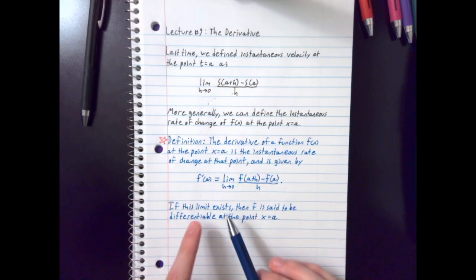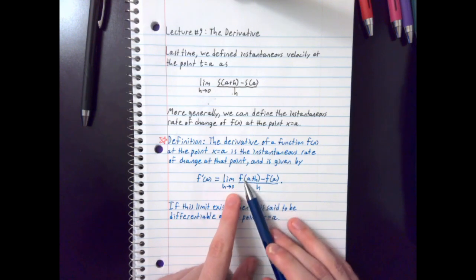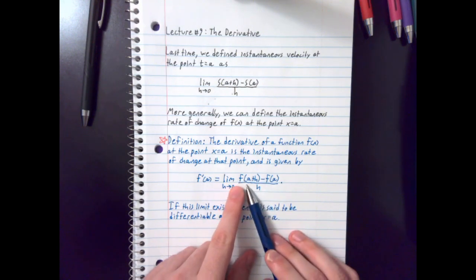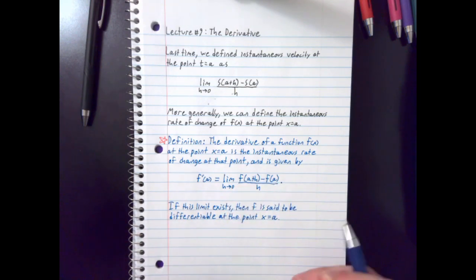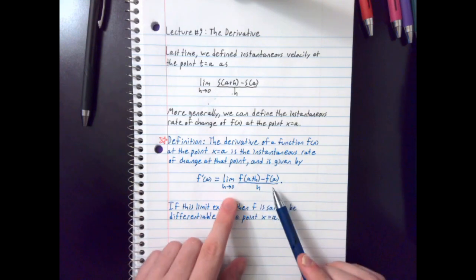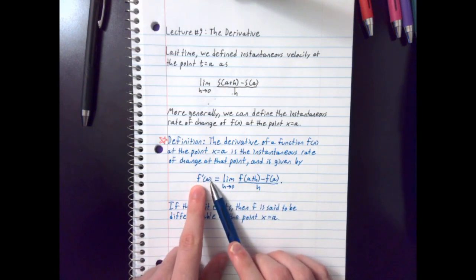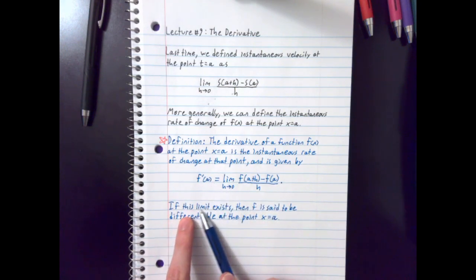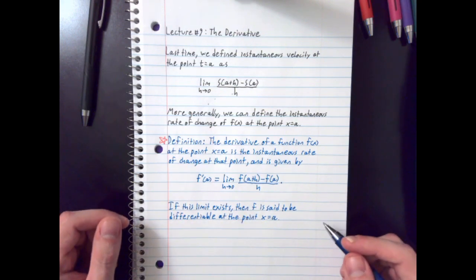So if I go to compute this limit of some generic function that I'm putting in here, if I compute this limit at a fixed value a, maybe a is 2 or 3 or the square root of 17 or whatever number you want, if I go to compute this limit and it exists, then the derivative exists, and we say that the function is differentiable at that particular point.